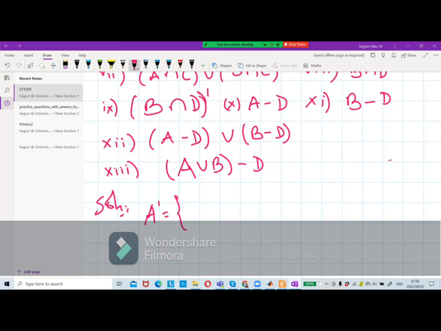The complement will be the missing elements that are in the universal set: 1, 2, 8, 9, and 10. They are the complement of A.